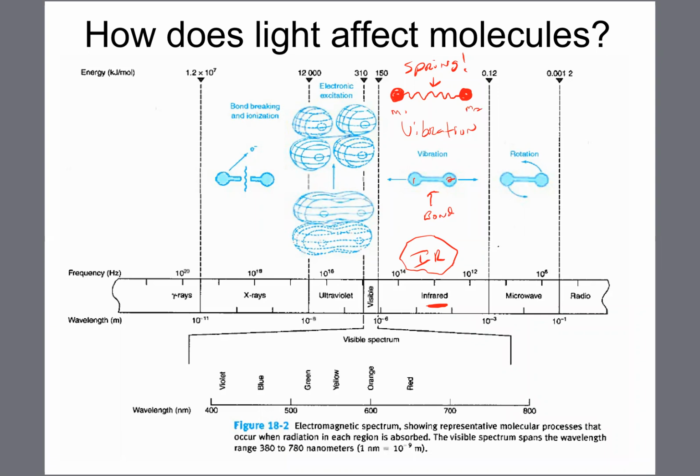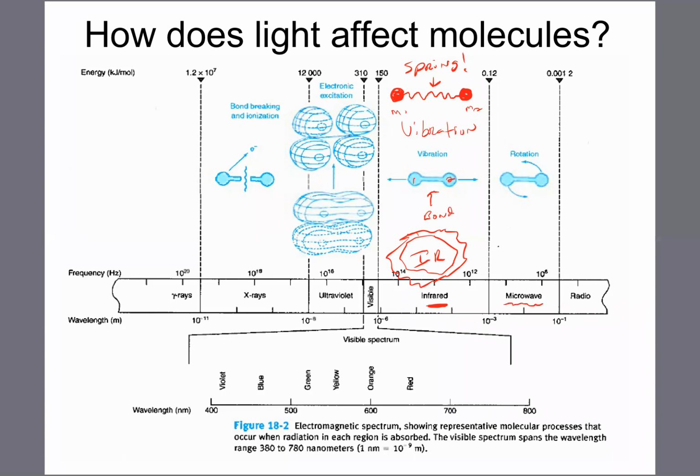It's not always the same, but it changes dynamically as the bond vibrates along the bond axis. Now, it turns out that infrared radiation is just the right frequency to couple to that type of vibrational energy. Sure enough, infrared can be absorbed and used to change the vibrational nature of molecules. So IR spectroscopy is vibrational spectroscopy.